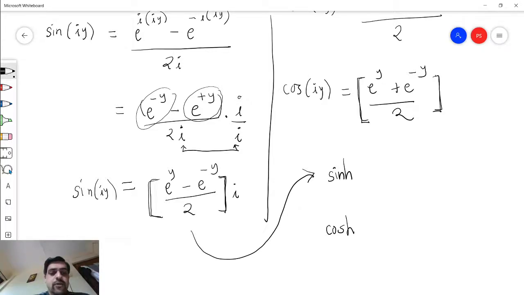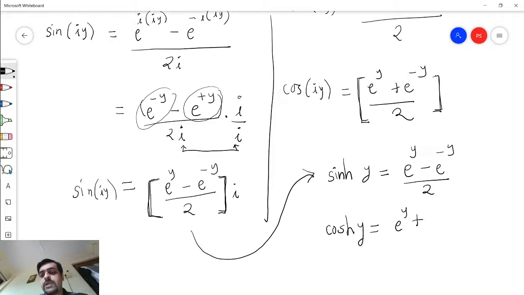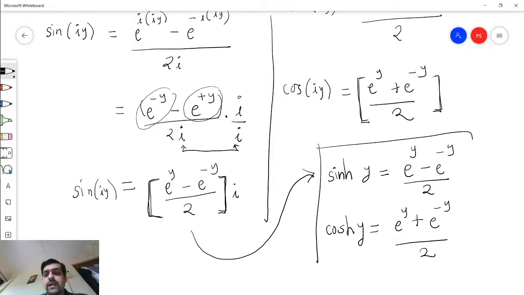We are going to take only the real part of this expression. So sinh of y is written as e raised to y minus e raised to minus y by 2, and cosh of y is written as e raised to y plus e raised to minus y by 2. So this is how we define hyperbolic functions.